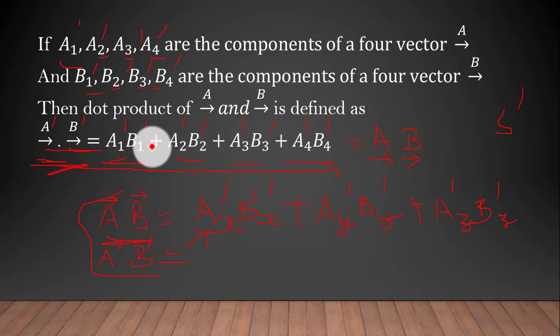Similarly, you must substitute the value of B1 prime, and by substituting, you will get A1 B1 plus A2 B2 plus A3 B3 plus A4 B4. You can try it on your own. So the dot product of these 4 vectors is defined in the similar manner in which the dot product of 3 vectors is defined.